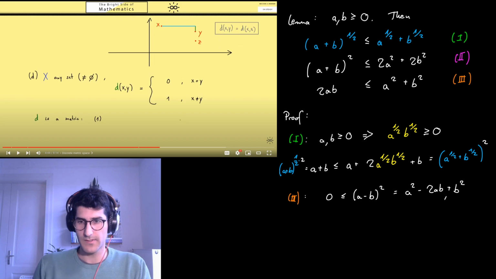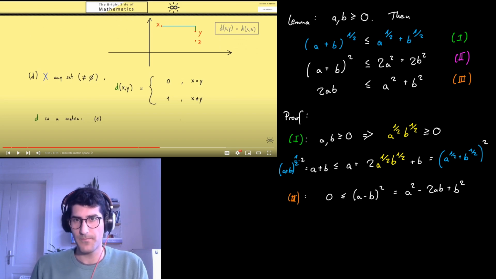Now I just rearrange the formula. So 2ab goes to the other side, and then I have a squared plus b squared on the right hand side and 2ab on the left hand side. So inequality 3 is also very quickly proven.